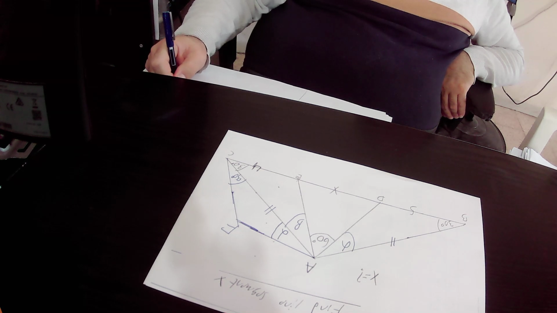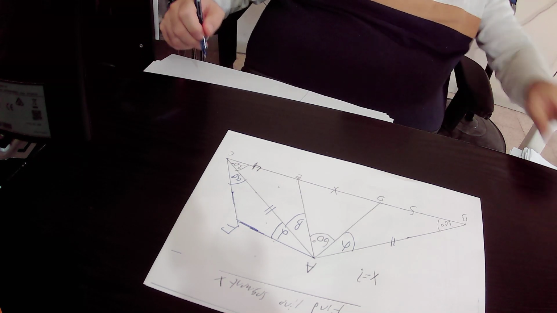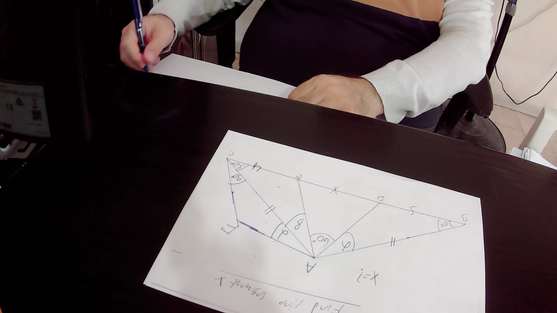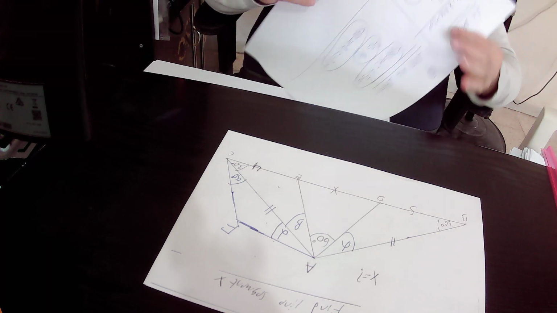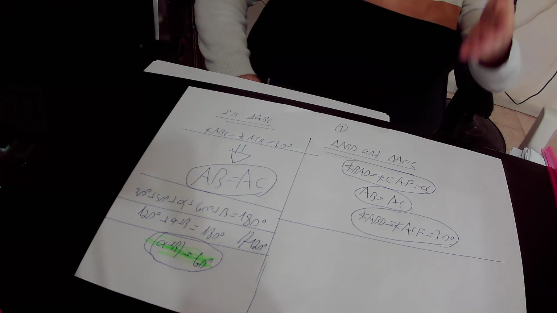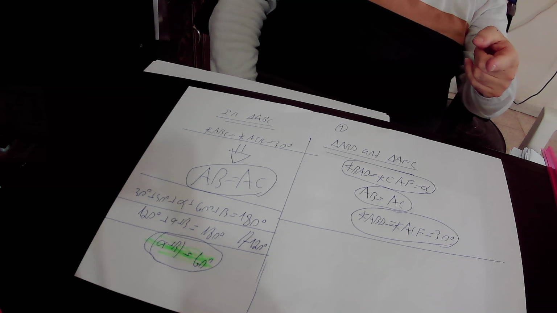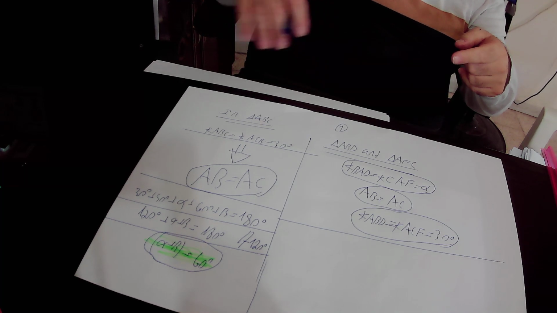They are both equal to 30 degrees, therefore they are equal to each other. Repeat again. Angle ABD in triangle ABD is equal to angle ACF in triangle ACF. They are both equal to 30 degrees, therefore they are equal to each other.